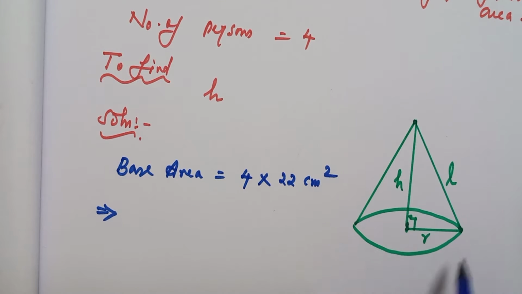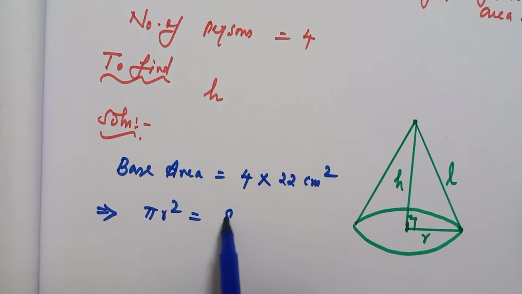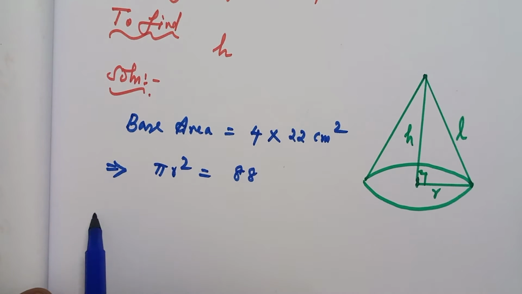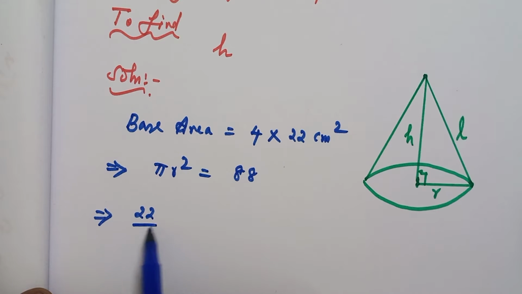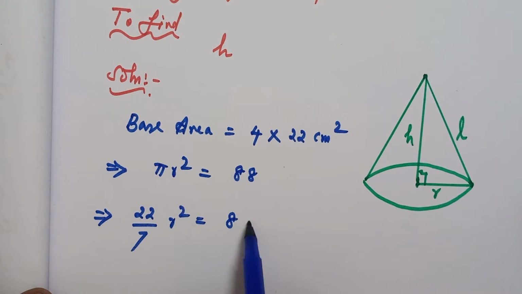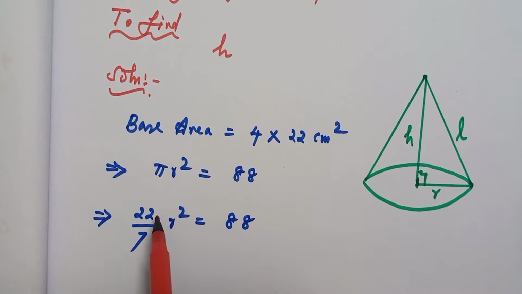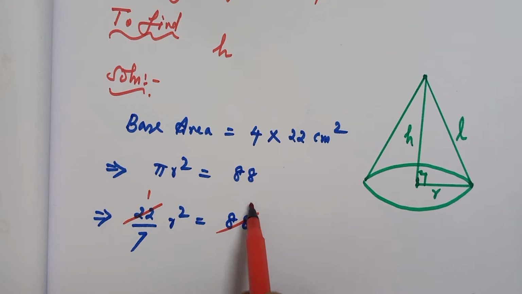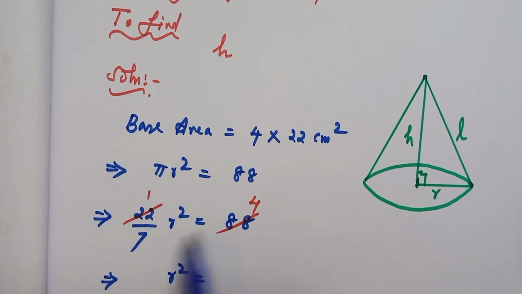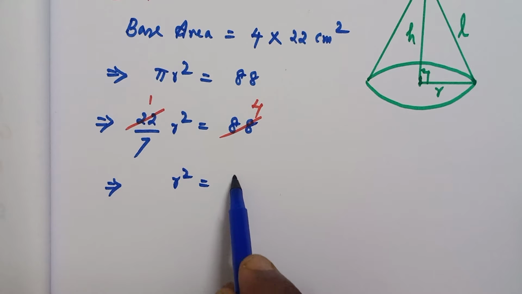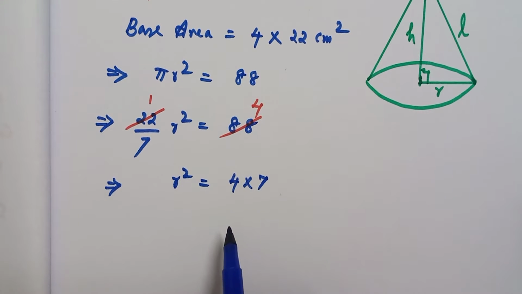This is in the shape of a circle, area pi r square, 4 into 22, that is 88, which implies pi, that is 22 by 7 into r square is equal to 88. We can cancel by 11 table, or you can directly cancel by 22 table. 22 ones are 22, 22 fours are 88. Therefore, r square is equal to 4 into 7. Write 4 into 7 as it is.